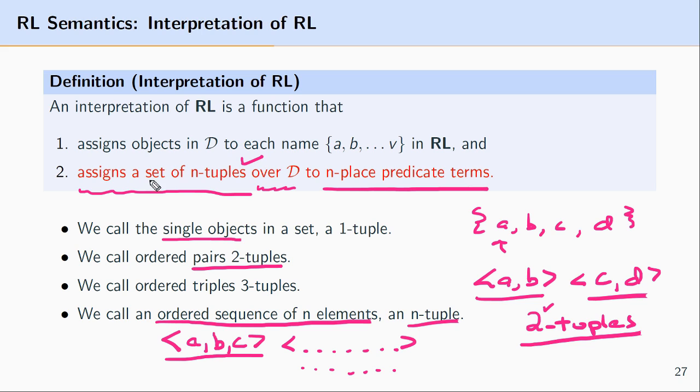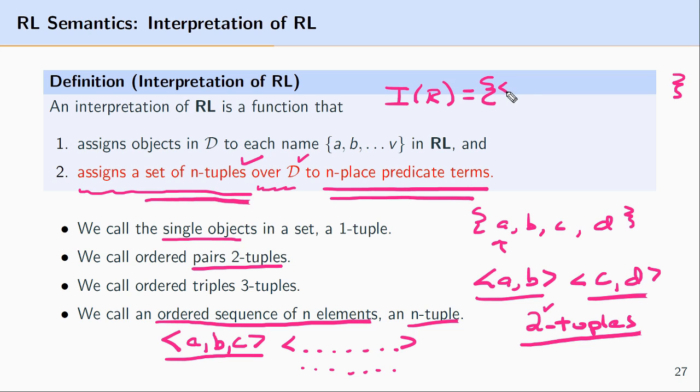So what the interpretation function does is it assigns a set of n-tuples from items in the domain to n-place predicate terms. And so if we interpret something like R, and R is a two-place predicate, what we'll expect to see is a set of things where each of the items in this set, given that R is a two-place predicate, is a two-tuple.